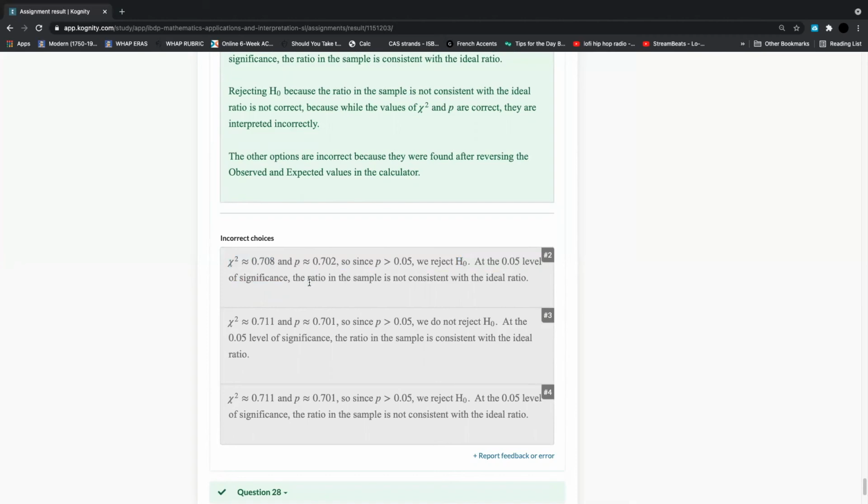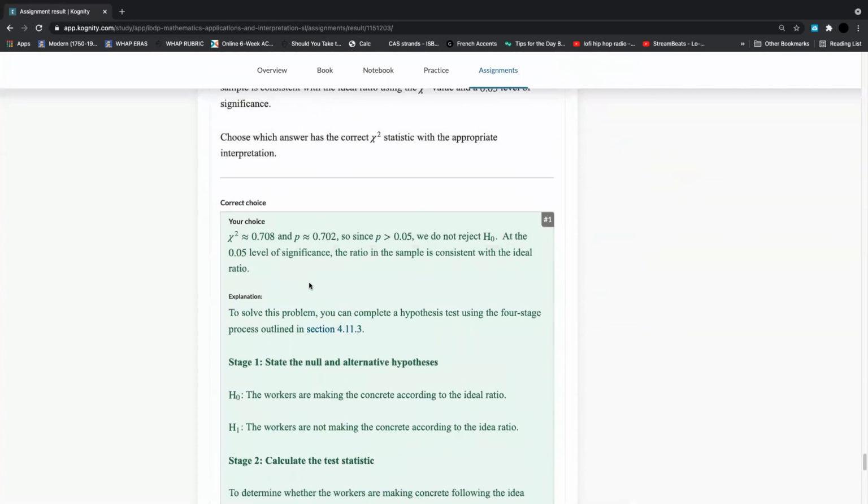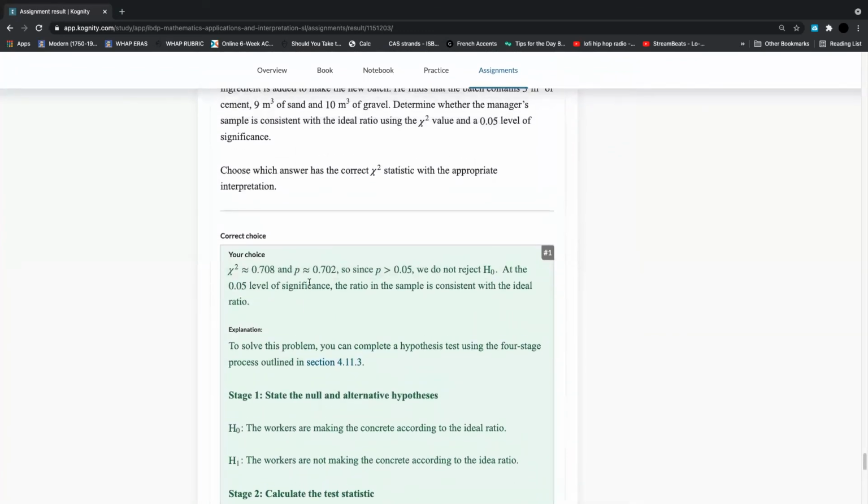When we say we reject the null hypothesis, we're saying that the relationship is significant, but it is not because the p-value is a lot bigger than 5%. So we want to go back to our correct choice, which is our chi-squared value of 0.708, which we got. And then since p is greater than 0.05, we do not reject H sub 0. We have to accept it. And at the 0.05 level of significance, the ratio in the sample is consistent with the ideal ratio.